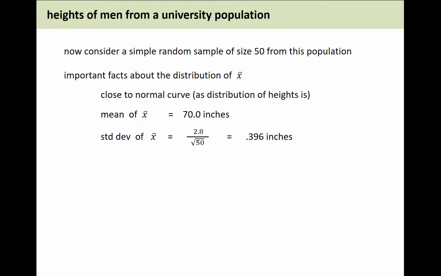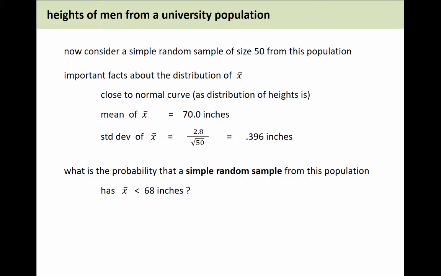The mean of x bar is also 70.0 inches, but the standard deviation of x bar, now we need to do the sigma over square root of n. So now for x bar, the standard deviation is 2.8 divided by the square root of 50, about 0.396 inches. So now let's look at the question.